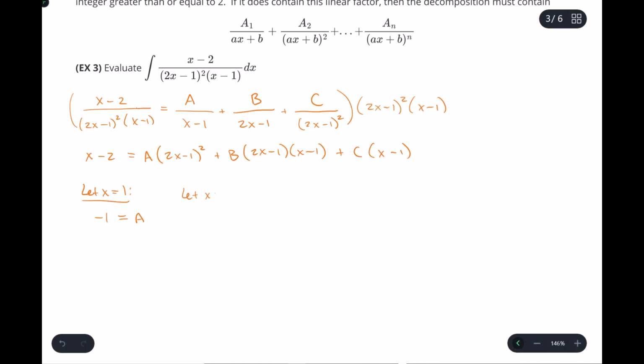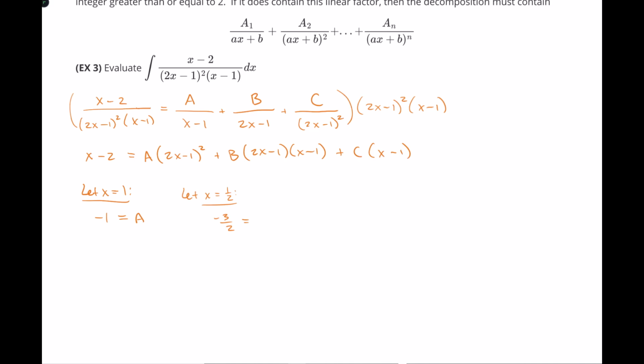Now, if I let x be 1/2, it looks like. It gets a little bit trickier with the fractions, but let's see here. 1/2 minus 2, that would be 1/2 minus 4/2, so negative 3/2. 2 times 1/2 is 1. 1 minus 1 is 0. So this is chosen purposefully to make this term be 0.